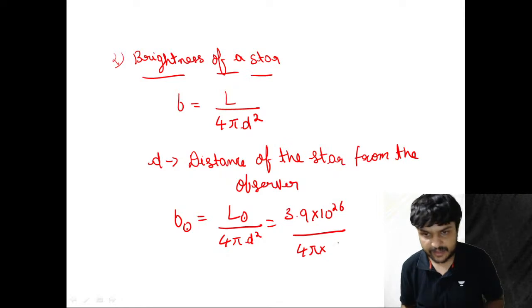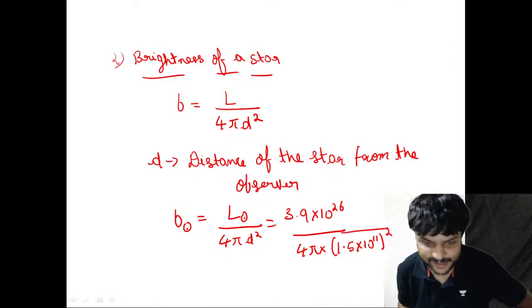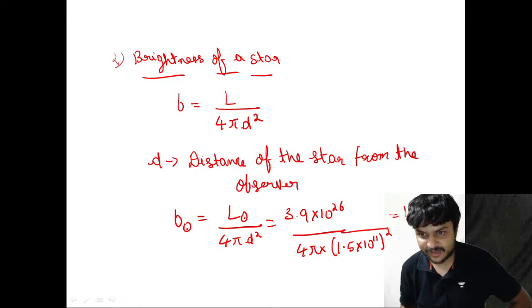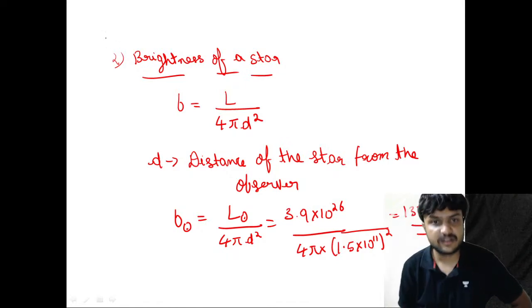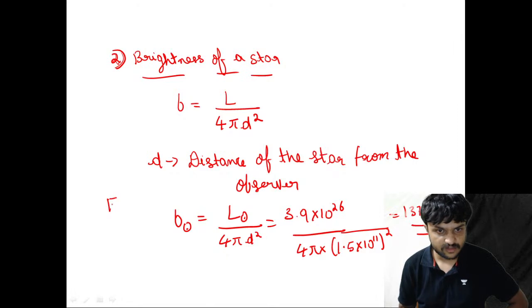So the distance between Earth and Sun is 150 million kilometers, or 1.5 into 10 power 11 meters. So 1.5 into 10 power 11 whole square. So the number we are going to get here is 1370 watt per meter square. This is the brightness of our sun. So this is for the sun as an example.